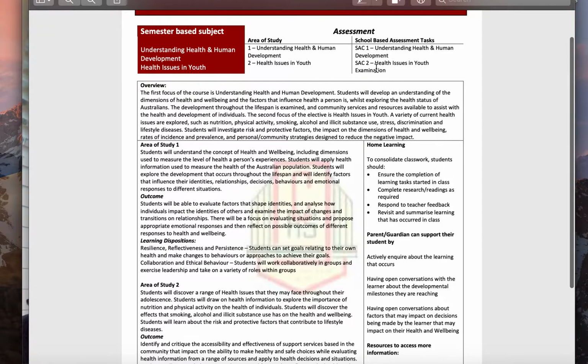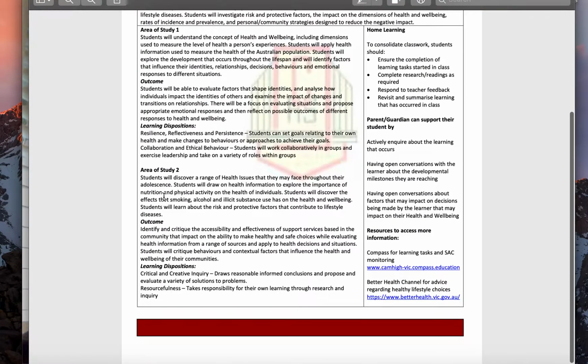Don't forget there's also an examination scheduled for week 8 of this term. So we will have learning for about 6 weeks, the SAC in week 7, and then the exam in week 8. If we go down to area of study 2 here, and look at what you are going to be learning, it's going to be looking at the issues that you may face throughout adolescence, the time that you're currently in now.